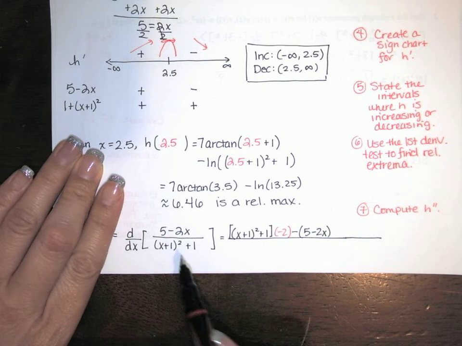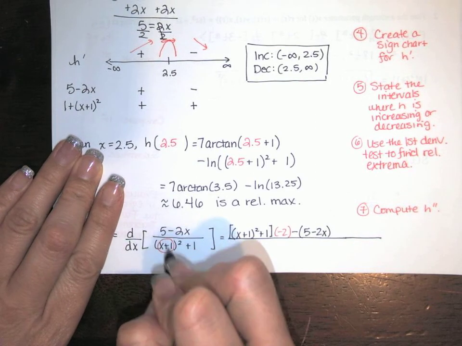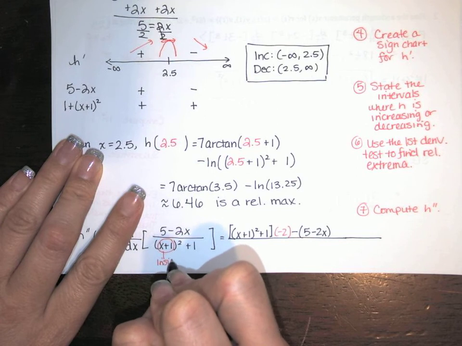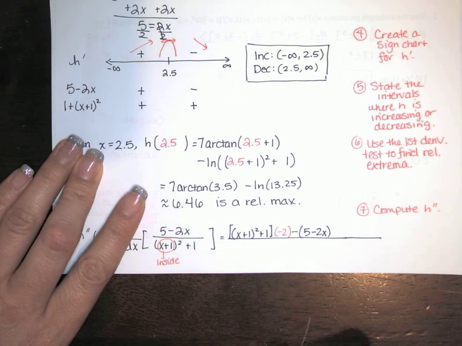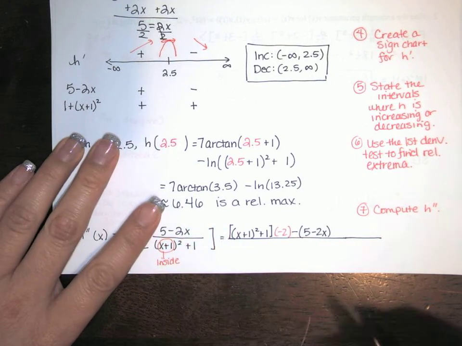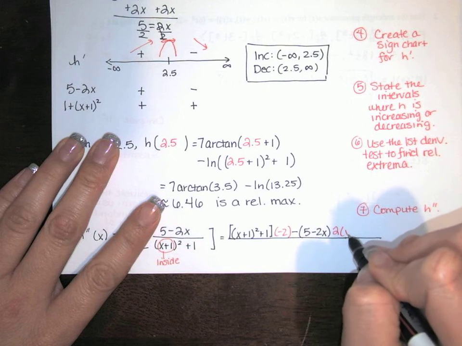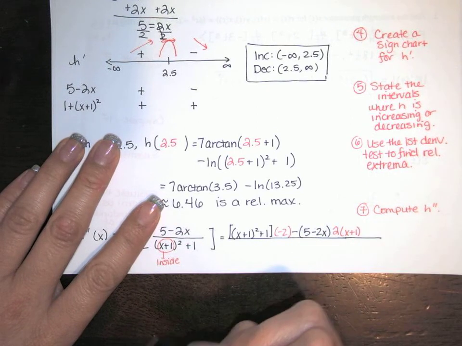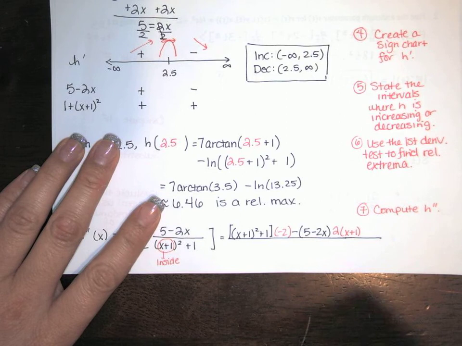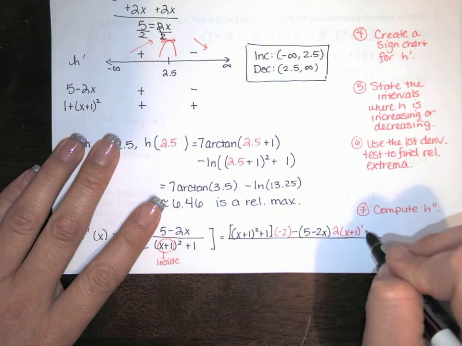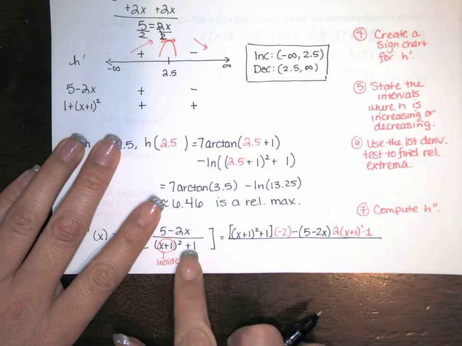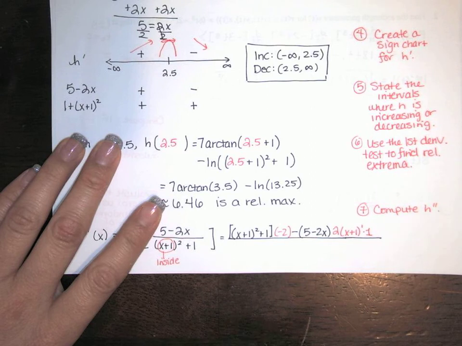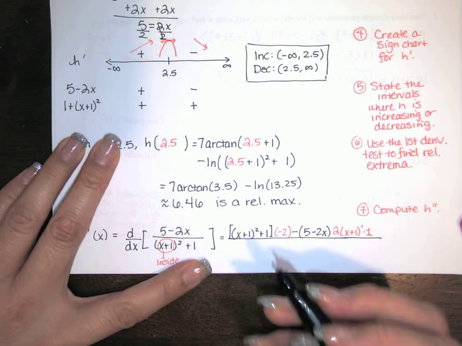And the derivative of the bottom function requires the chain rule because I've got a function inside another function. Derivative of a function squared is 2 times that function times the derivative of the inside. The derivative of x plus 1 is just 1. So we're good there. And then we add the derivative of 1, but that's 0. So it's gone. So that's nice.